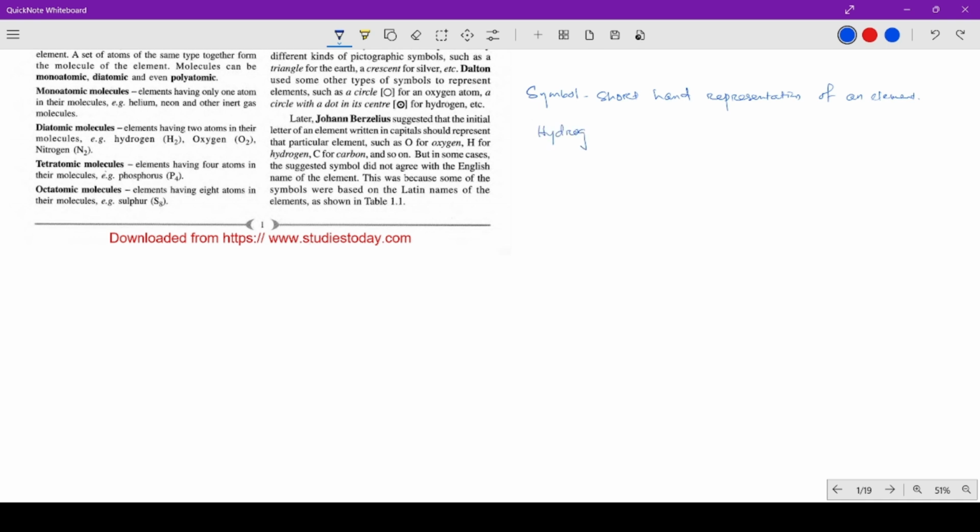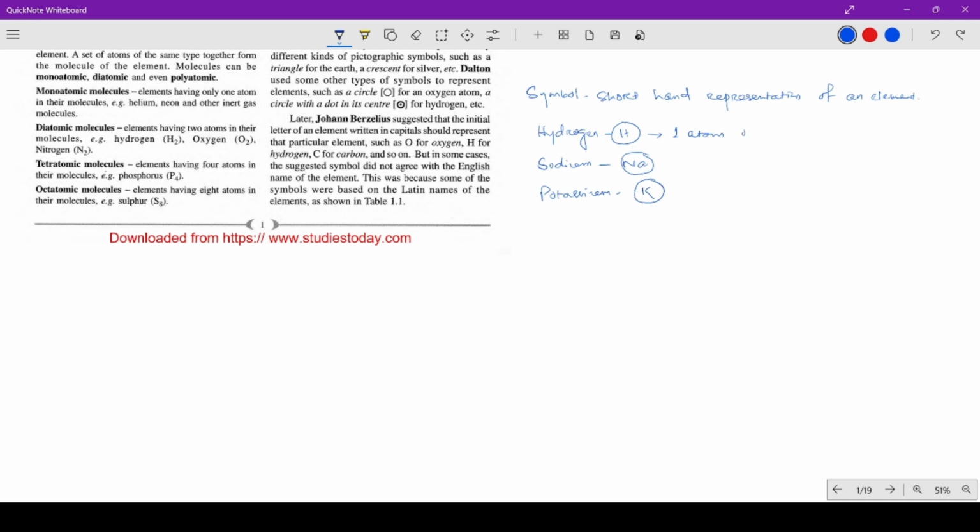Let's say for hydrogen, the symbol is H. For sodium, the symbol is Na. For potassium, the symbol is K. So different elements have different symbols, right? And each symbol represents one atom of that element.